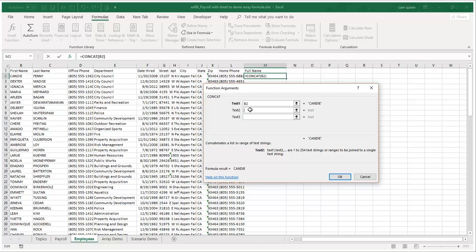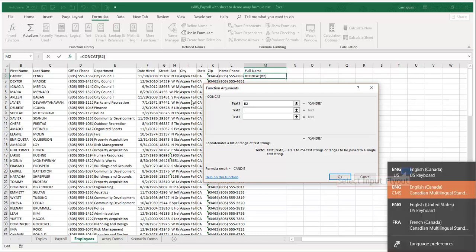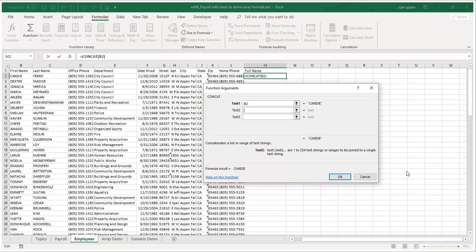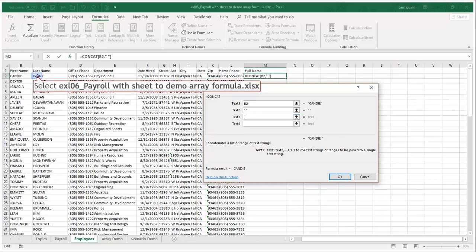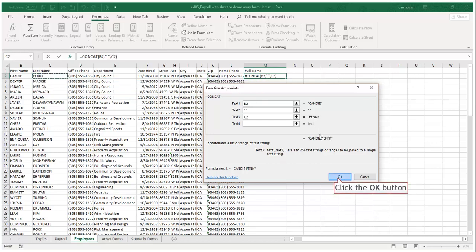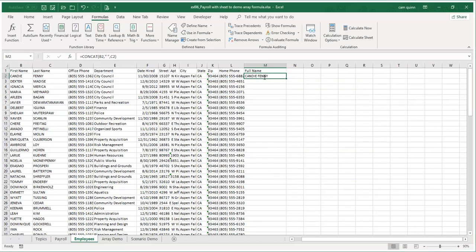To do that, I go double quote, space, double quote. So what I have now is the word Candy, a space, and then my third text string is going to be the name Fenny. All right, when I hit OK, you can see that I end up with Candy space Fenny.